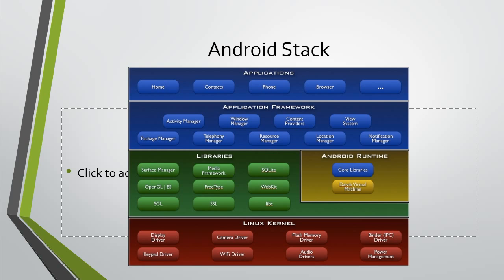Okay. So of course, as you can see here in the Linux kernel part, you have basically the drivers: the camera drivers, keypad drivers, the Wi-Fi drivers, and so on and so forth. Right above the kernel, you get some sort of legacy libraries, which allow you to interface with the kernel.